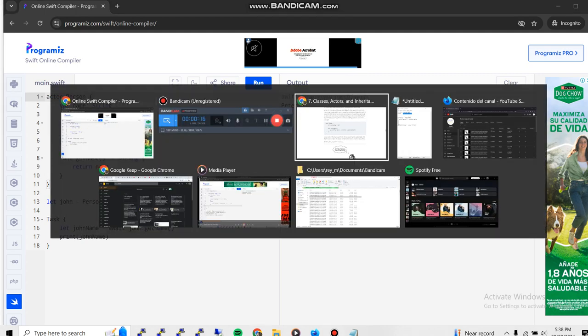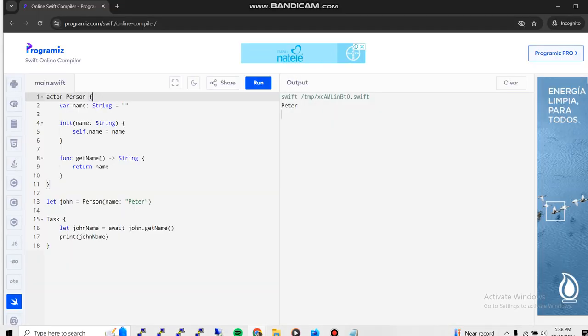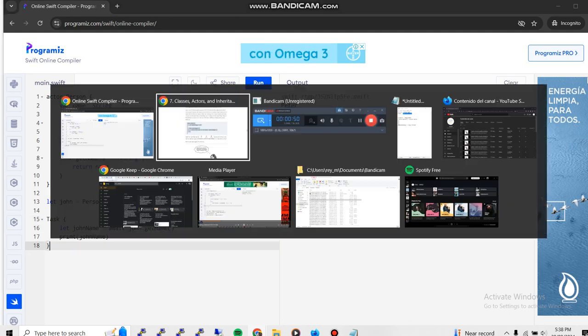Just remember, in a very quick way, how Actor works. Actor in Swift is very useful because it gives you a great way to handle concurrency in a single way, right? So you just print it and say Actor, like a person, and put this value. Remember to put Task and then async, right? That's the way Actor works.